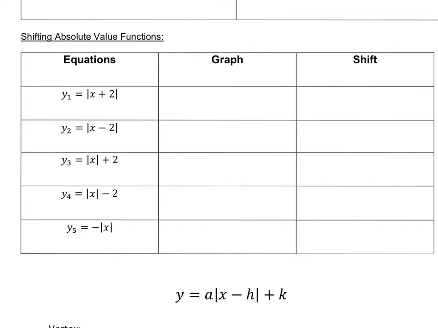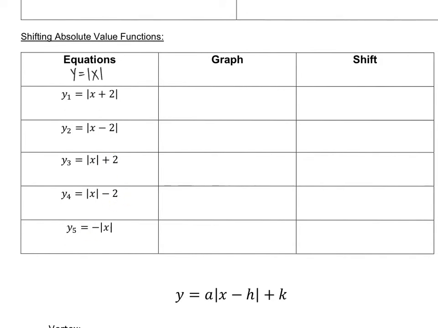So first off, there is this equation here where I've taken the absolute value. So I've taken the parent function for absolute values, which is the absolute value of x, and I've added some numbers inside of the absolute value, and I've added some numbers outside of it, and I've added some negative numbers in front.